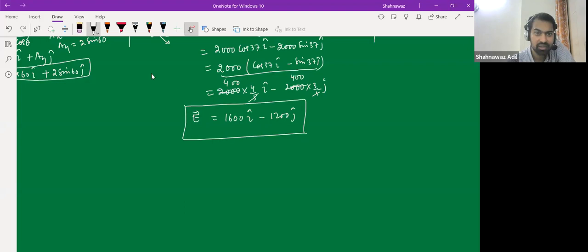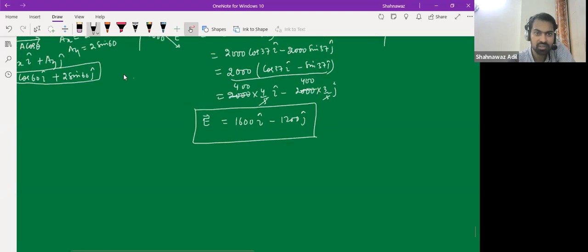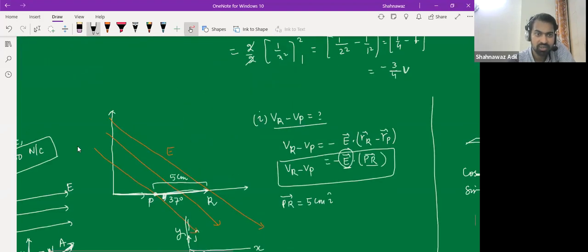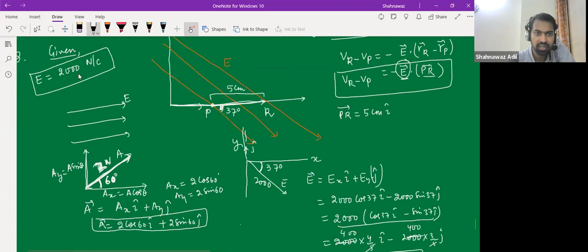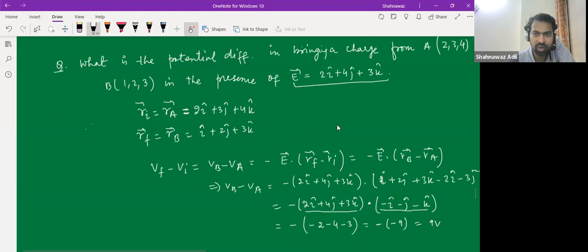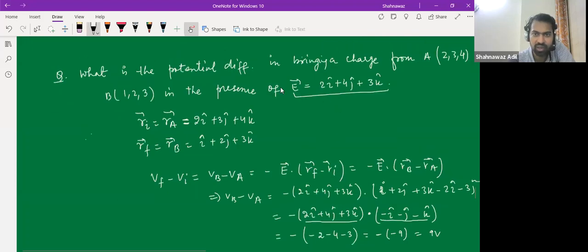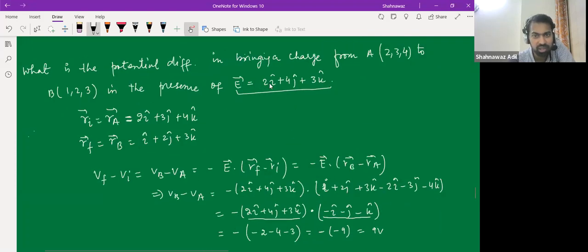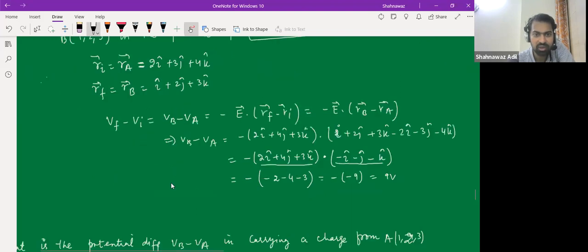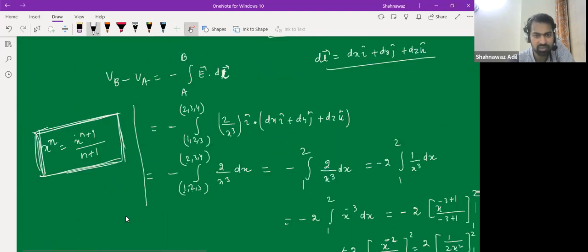Right, this was the trick in this question. They didn't directly give us the electric field in this form. They just tweaked the question.